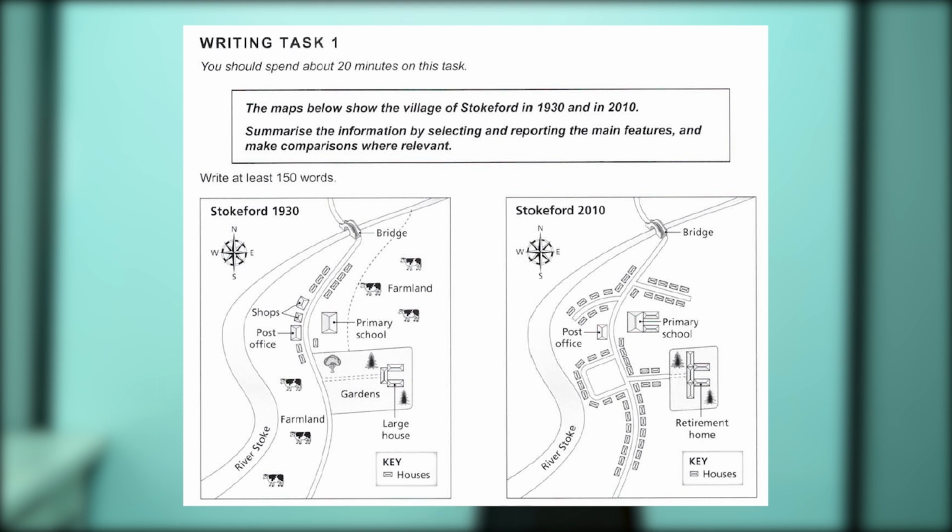The maps below show the village of Stockford in 1930 and in 2010. So how can we paraphrase this question? For example, we can say the maps illustrate how the Stockford village changed over the period of 80 years.